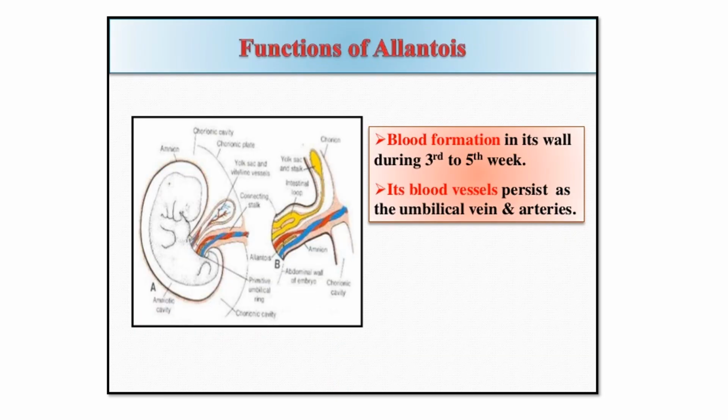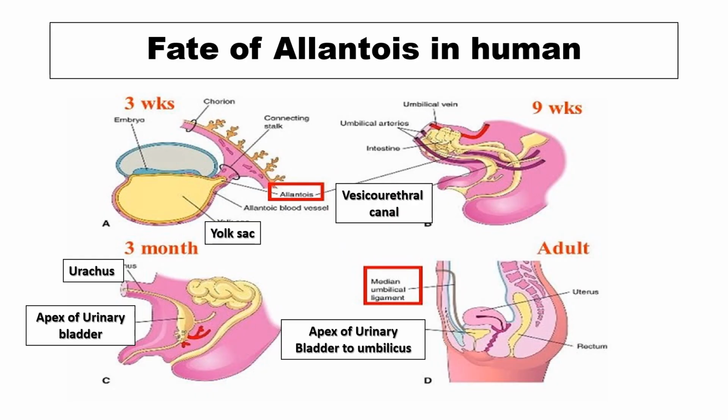Therefore, the functions of allantois in the early stages: it forms blood in its wall during the 3rd to 5th week. Its blood vessels finally persist as umbilical vessels, the artery and the vein. The fate of allantois in humans: in the 3rd week, allantois appears as a diverticulum from the hindgut or the caudal part of the yolk sac, which enters the connecting stalk.